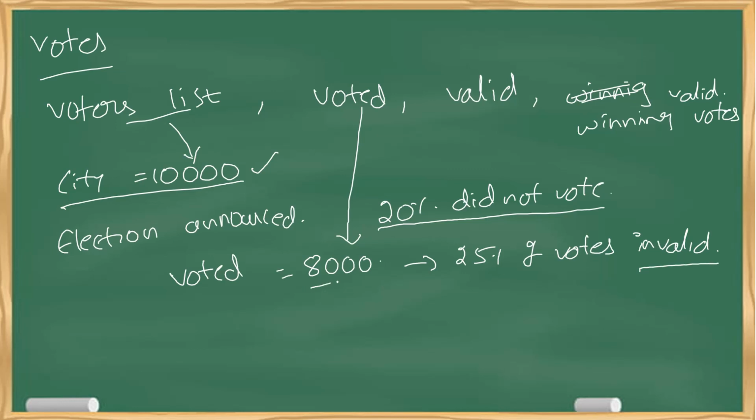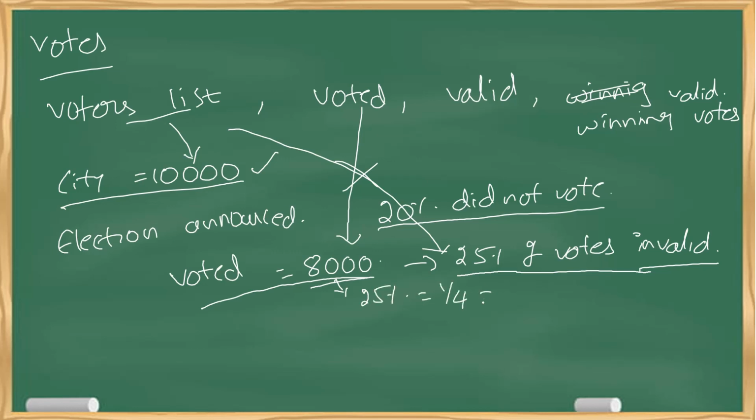Now out of 8,000, we need to find 25% of the votes invalid. It's not from the voters list, it's from the voted. How many people voted? 8,000. In that, 25% of votes were invalid. What is 25% of 8,000? 1 by 4th. That is 2,000 votes were invalid. Now tell me finally, what is the number of valid votes? The number of valid votes is only 6,000.